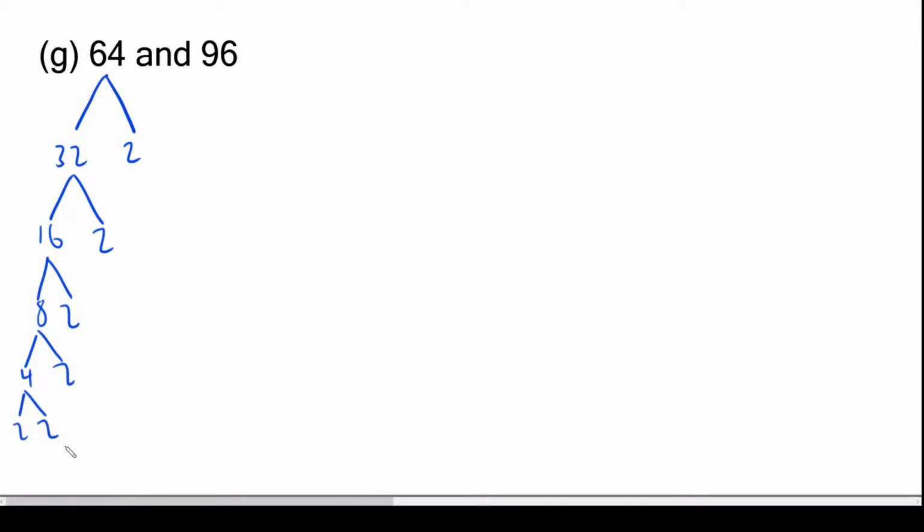Okay, 64 and 96. So we look, 64, that's 32 times 2. And then 32 is 16 times 2. 16 is 8 times 2. And 8 is 4 times 2. And that's 2 times 2.